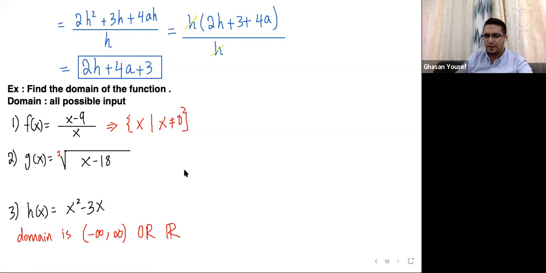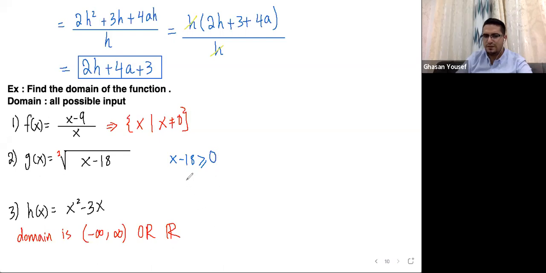By using the inequality from the previous section. Okay, this thing here must be positive. This means x minus 18 must be greater than or equal to 0.